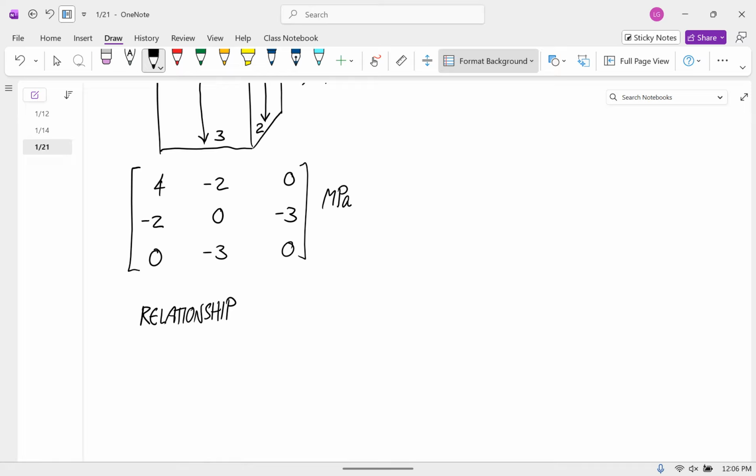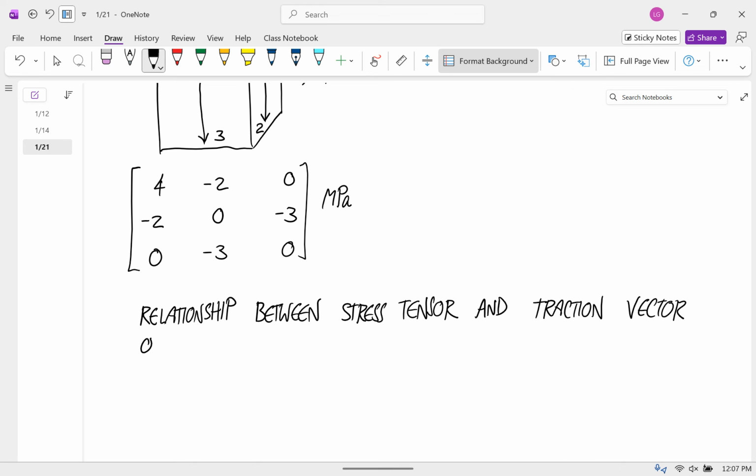So, the relationship between the stress tensor and the traction vector on a face.